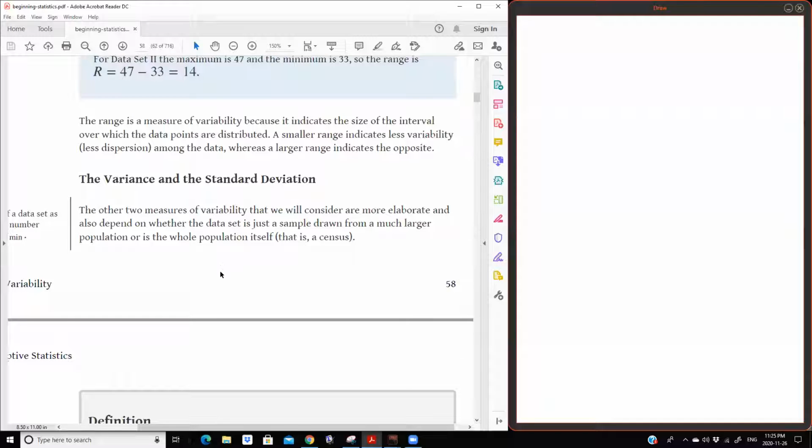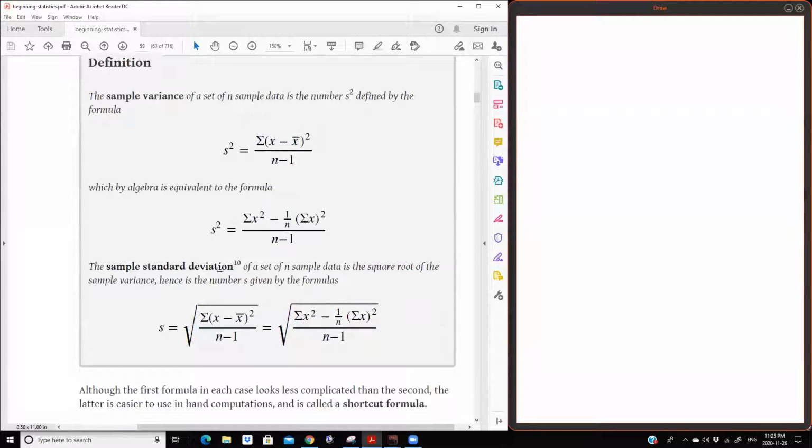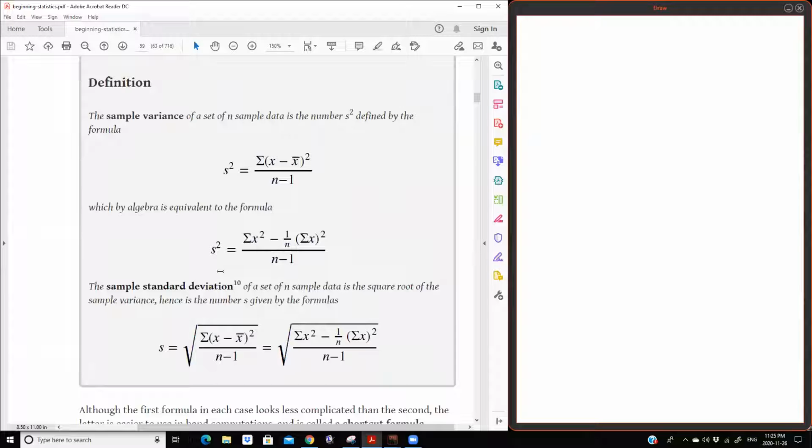Let's talk about variance and standard deviation. So the formula for standard deviation is like this. You have the formula for the sample variance. This formula here is just the same as this formula, but it's easier computationally, it's easier to use.